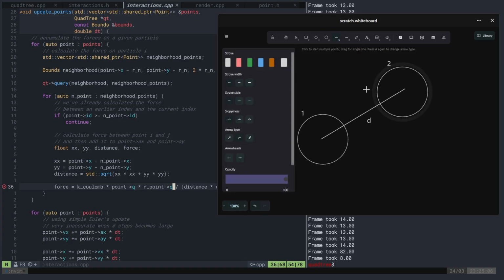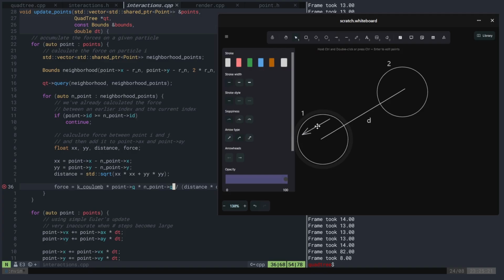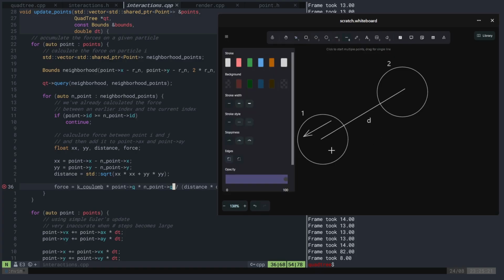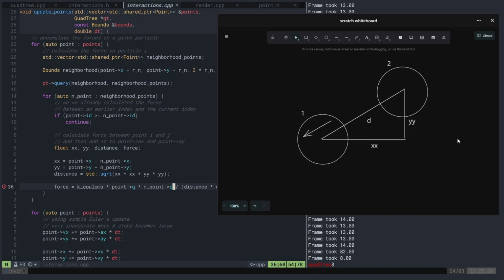So the actual force between them is going to be along the same vector, but pointed in the opposite direction, like so, right? So what we need to do is to break down this force into x and y, which we already have calculated, because this distance is defined by the xx and the yy that we calculated. So this is actually xx, and then this is yy, like so.